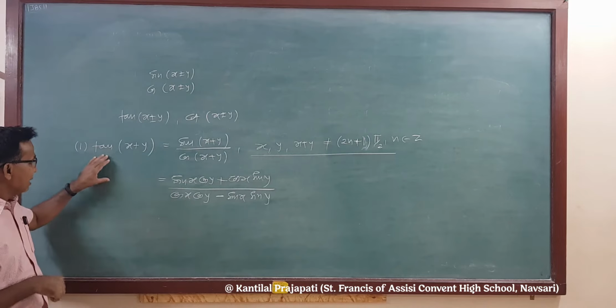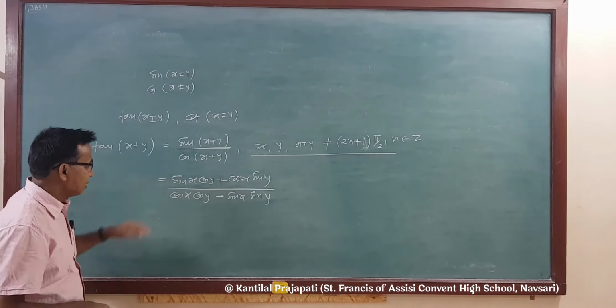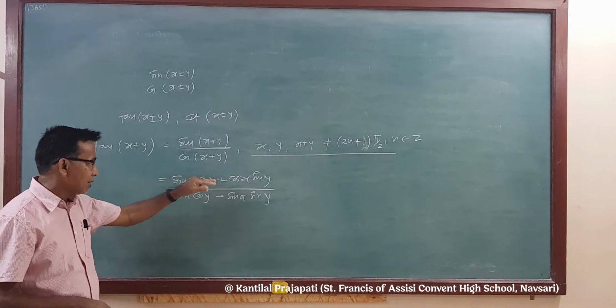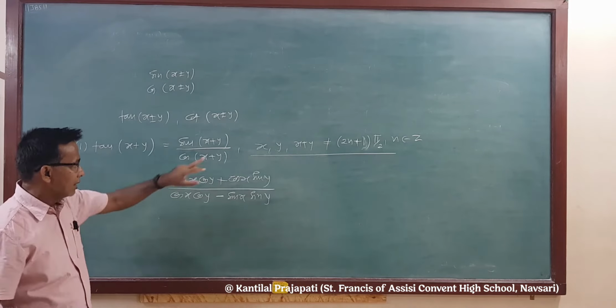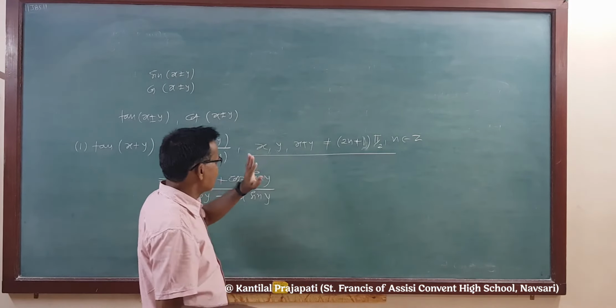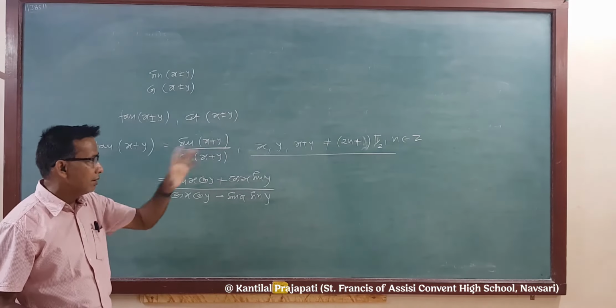Now we require the LHS in terms of tan, so the RHS we also convert into tan. Both numerator and denominator are divided by cos x into cos y. Here cos x is not equal to 0 and cos y is not equal to 0, and therefore cos x into cos y is not equal to 0, as already given.